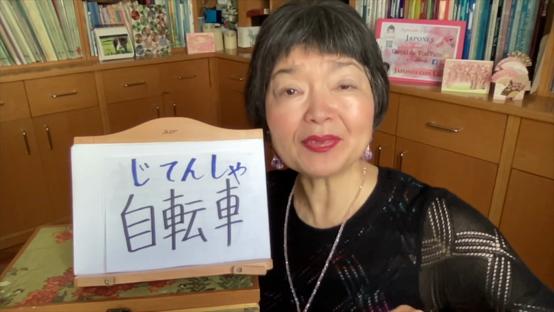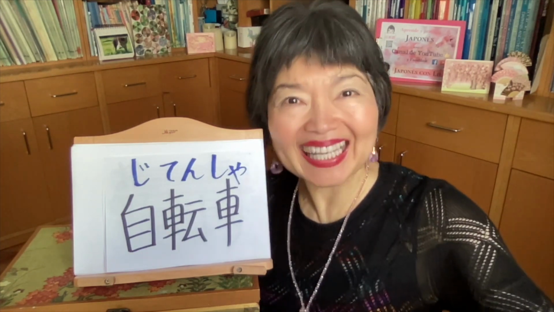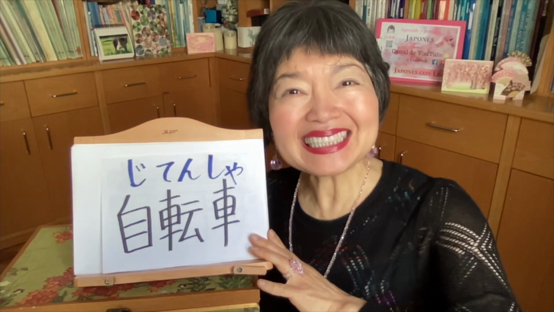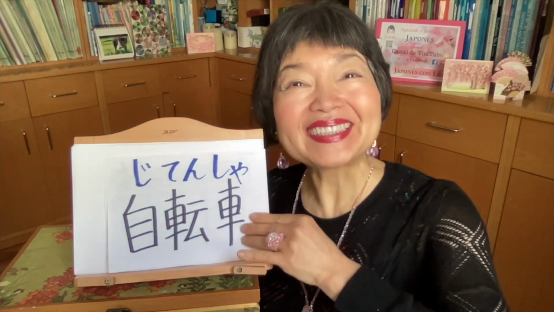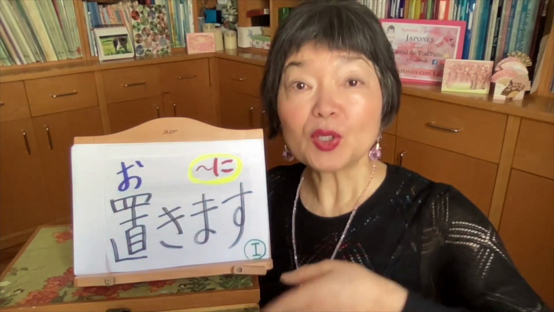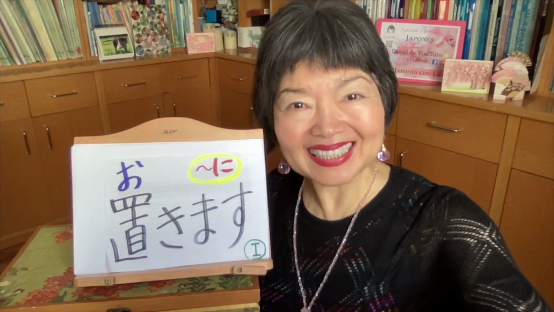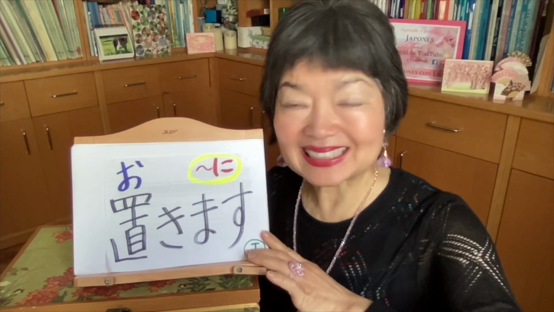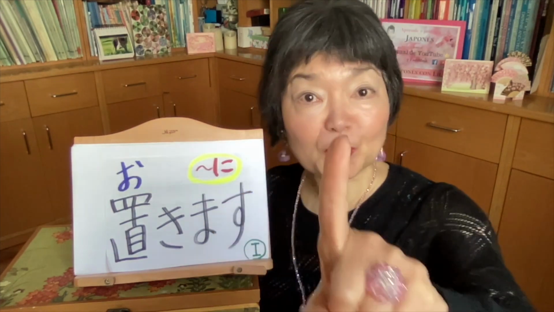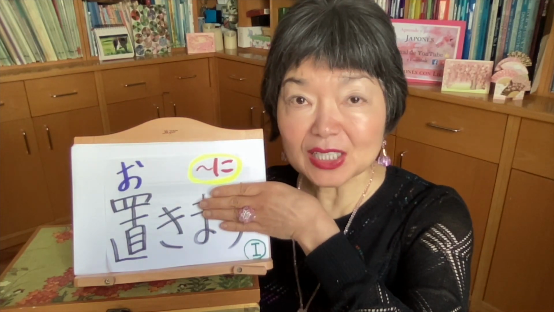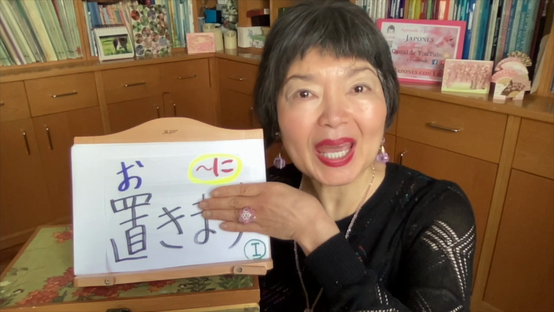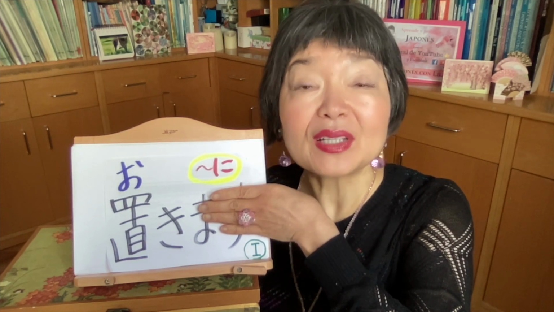Please don't leave your bicycle here. Bicycle is 自転車. The verb to put something in a place, or to leave, is 置きます. This is group 1, so without ます, this き you must change to the あ sound: かきくけこ, 置かない.